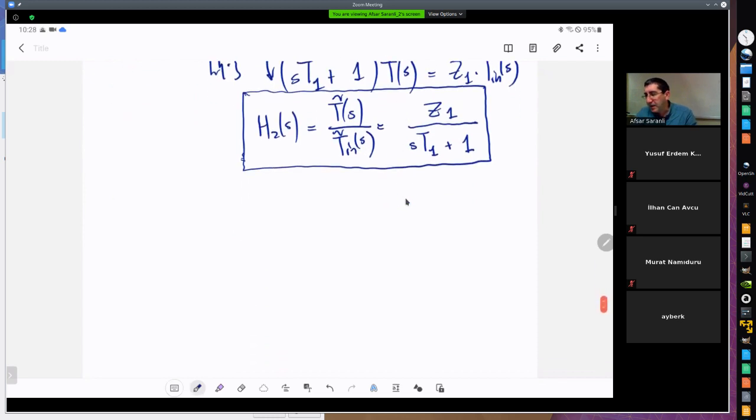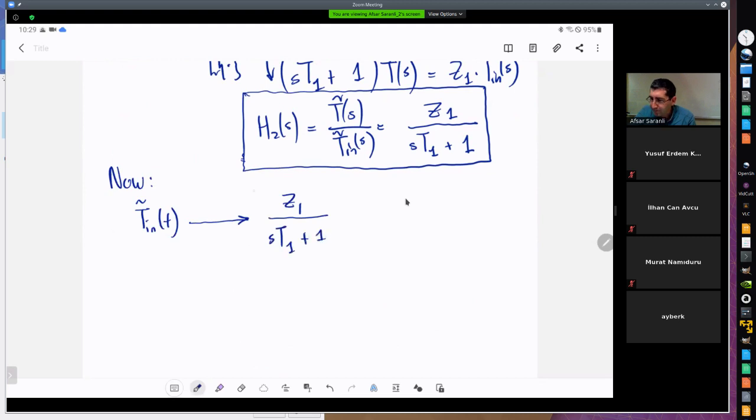Now, what's going to be the output in the block diagram domain? Well, it's going to be two inputs. I will have T in tilde of t, because I need to operate in the delta variable domain. This input will go through one of the transfer functions, z1 over s T1 plus 1.